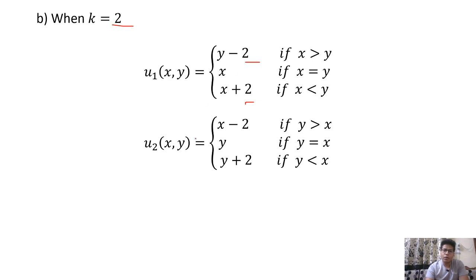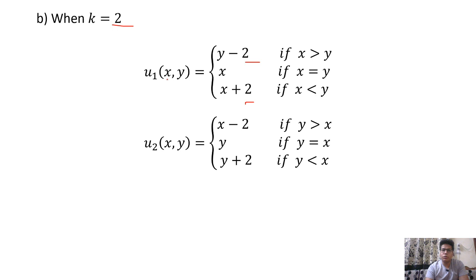So you need to draw the best response function. I'm writing the best response function for player 1, and since the problem is symmetric, we can replicate it for player 2. The best response for player 1 is a function of player 2's strategy.